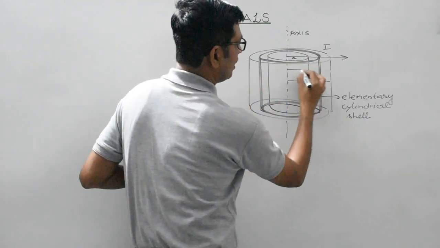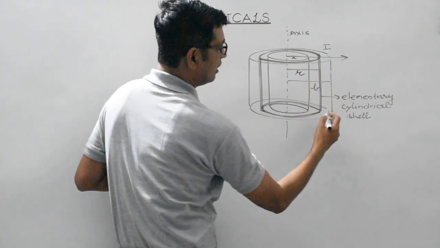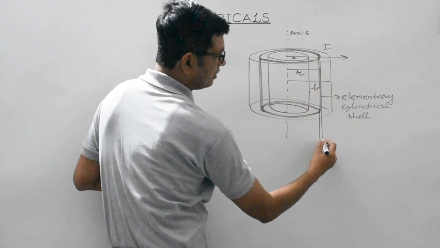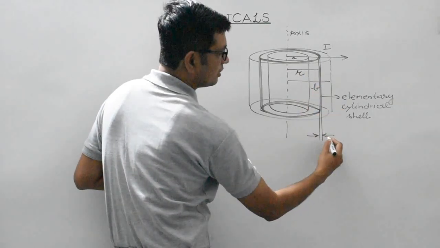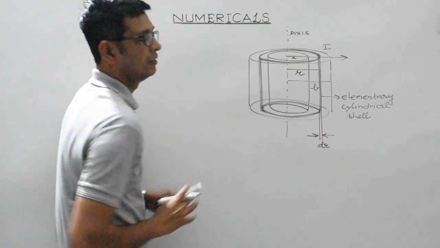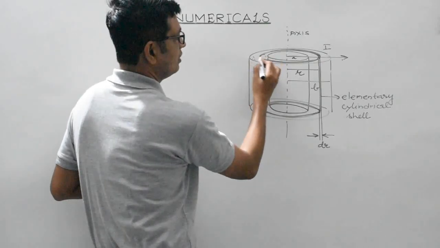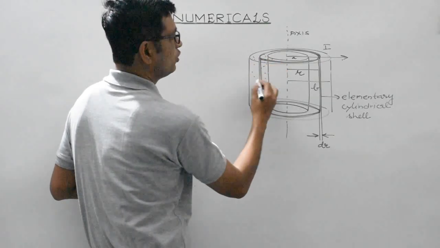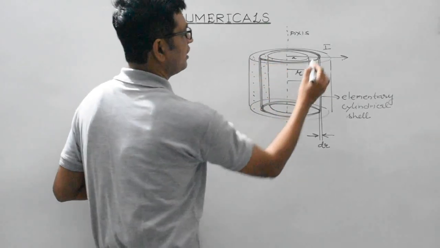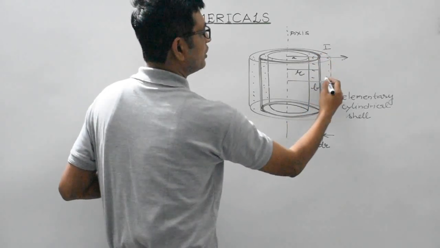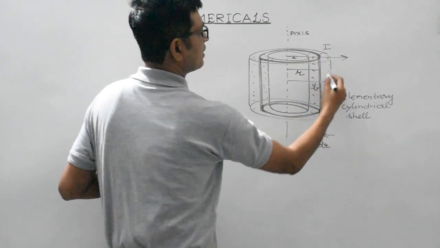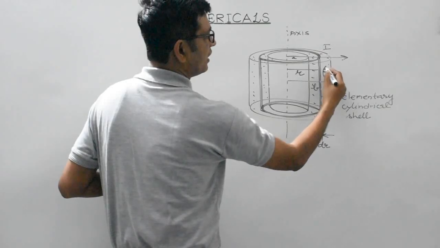It is of radius r, and its thickness is suppose dr. Right? And in the question it is given that the space between the two concentric coaxial cylindrical shells is filled with a dielectric medium of, suppose, specific resistance rho.